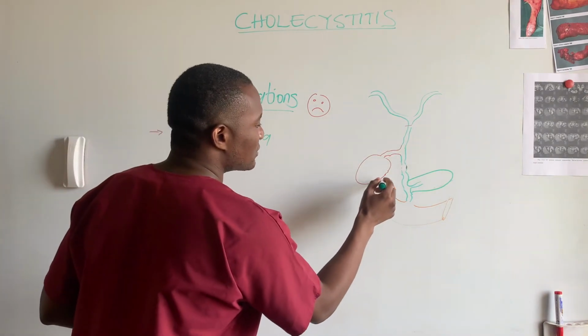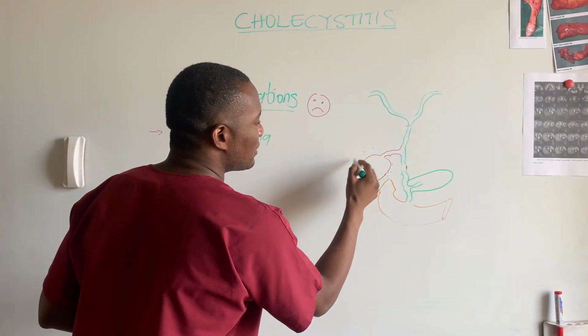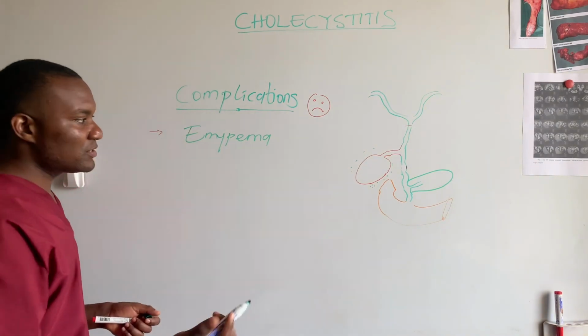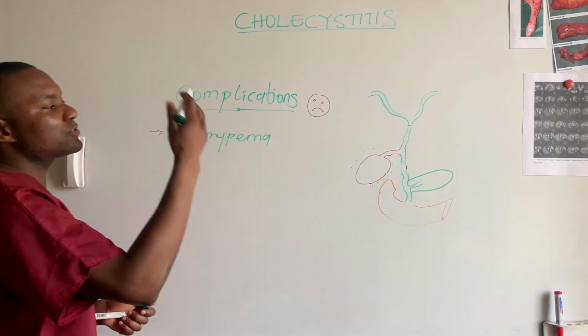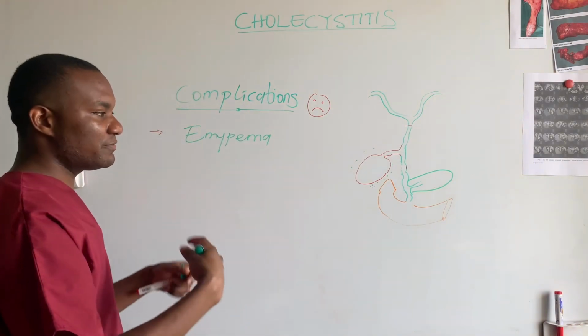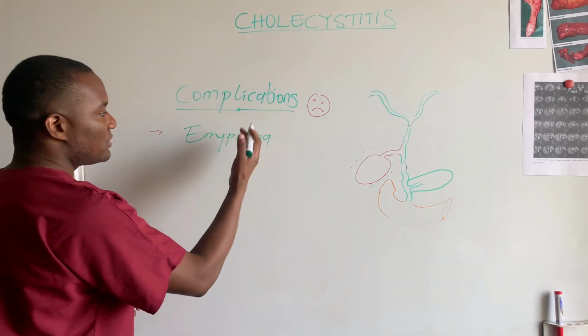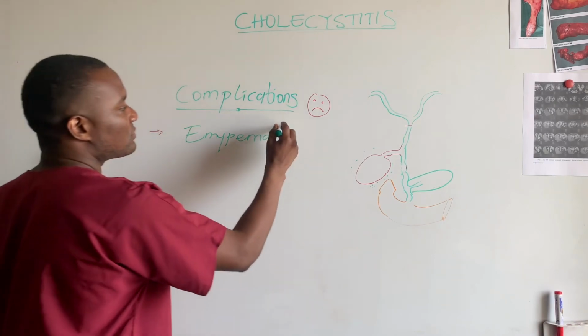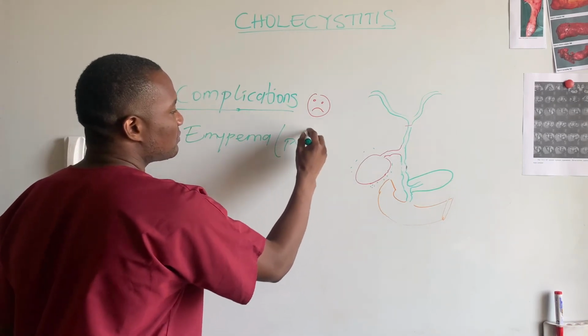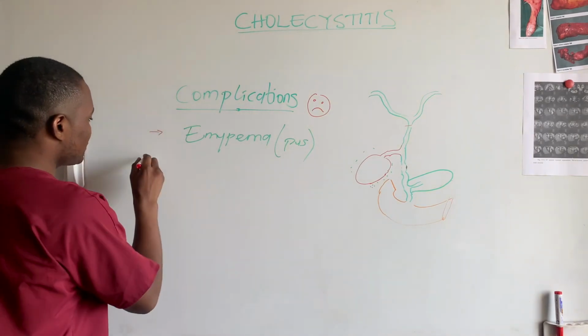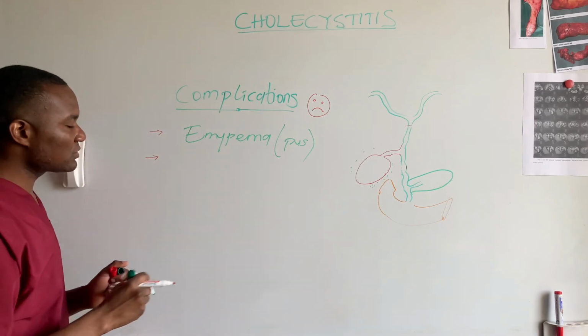So pus can be formed all around the gallbladder. You understand why: increase in pressure, increase in inflammation, and if it's left untreated, it can lead to infection, and then you have pus formation.